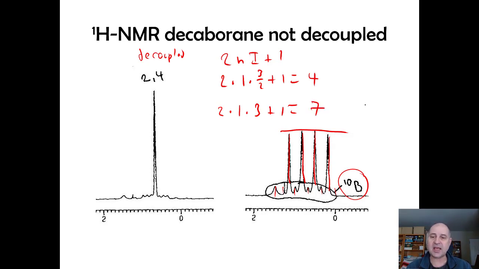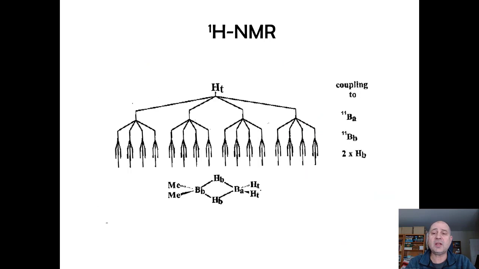So that would actually be a heptet, and we would expect that to be 1, 2, 3, 4, 5, 6, 7 of equal height. And since it's 20% abundant, I'm guessing that's what we're seeing here. So just to show you that if this nucleus is anything other than spin 1/2, you have to use the formula to determine what that spectrum is.